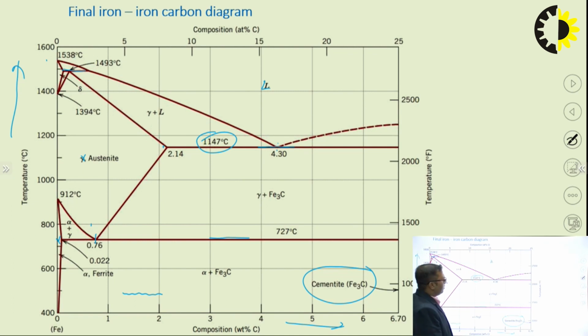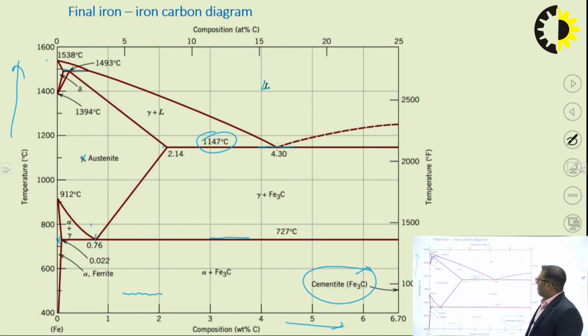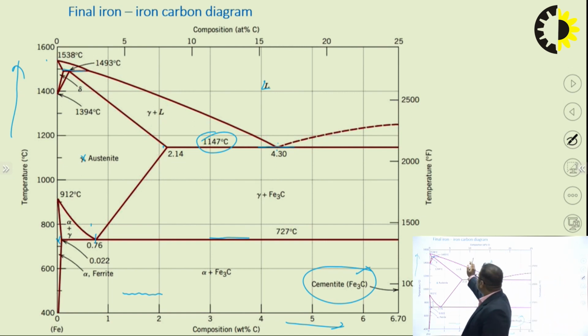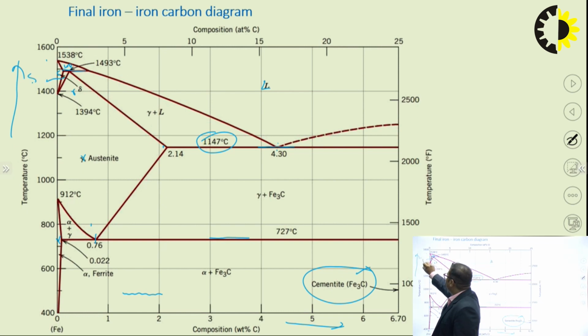And here Fe3C stands for cementite, here is the liquid and here is the delta. So here liquid plus delta will form, and here is delta ferrite. Here you will see delta plus gamma.